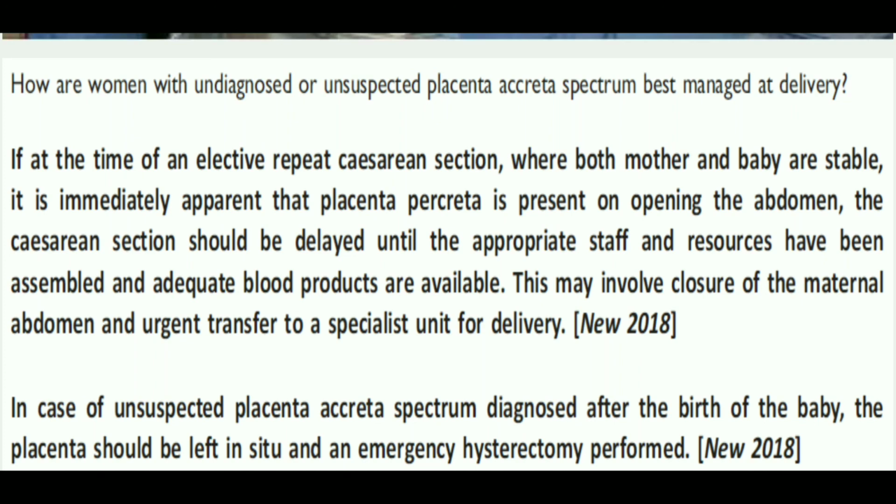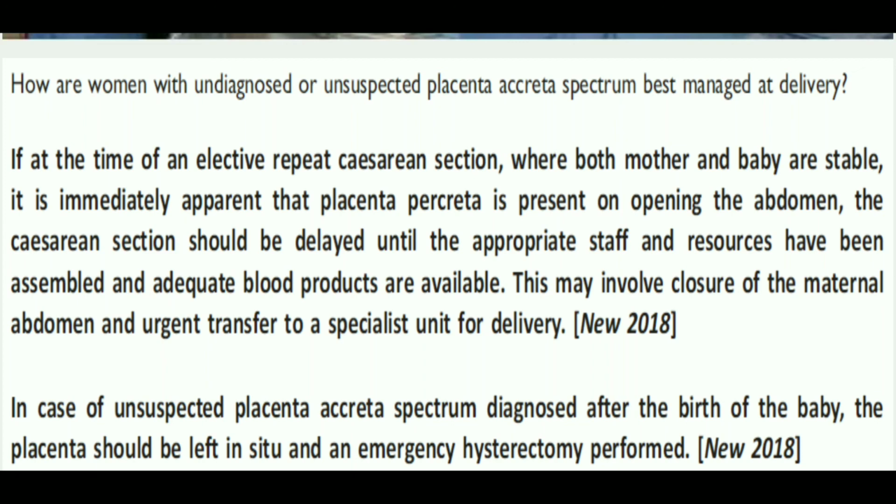In case of an undiagnosed and unsuspected case, we have to follow a specific approach. About this it's written that if at the time of elective repeat C-section, which we are doing in common centers where both mother and baby are usually stable, it is immediately apparent that placenta accreta is present on opening the abdomen. Or we have opened the abdomen and we find that there is placenta accreta.